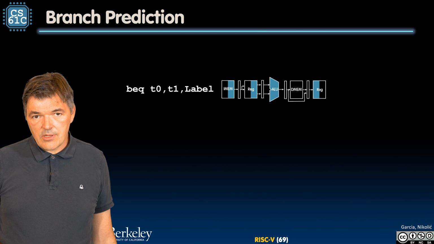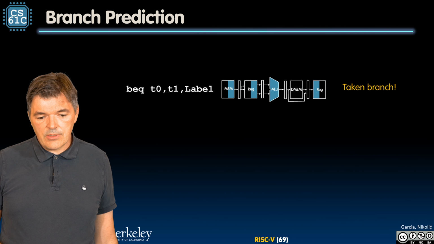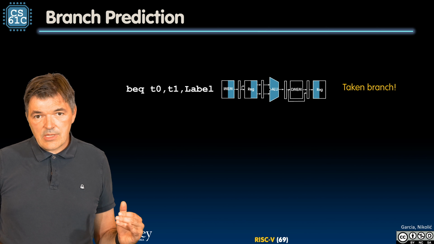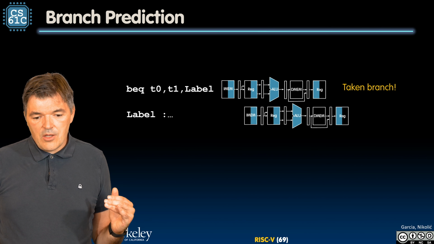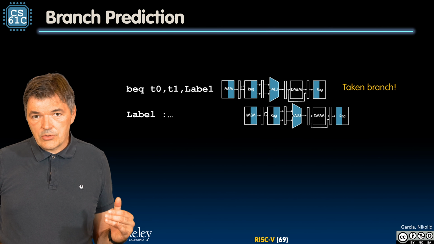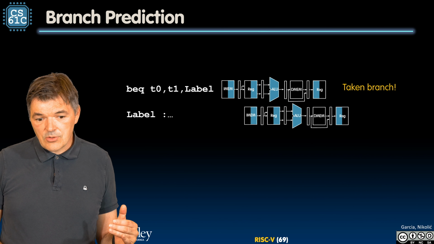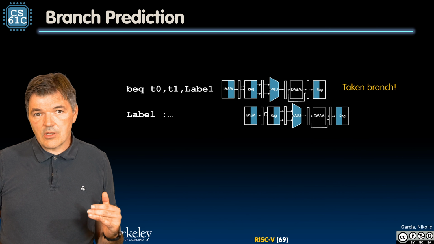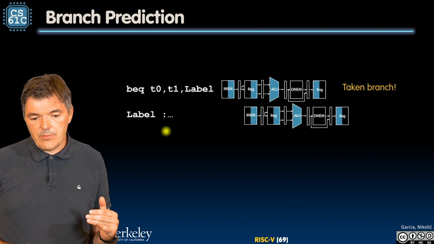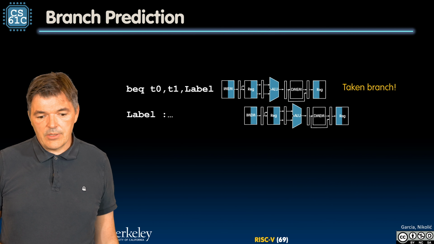We're still executing this branch-if-equal instruction, and if we predict that the branch is going to be taken, we start executing code from the label. We are immediately just loading that label into the program counter.